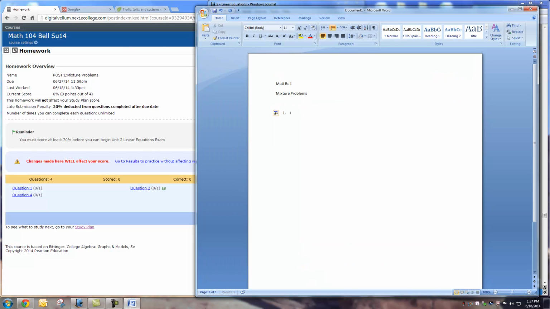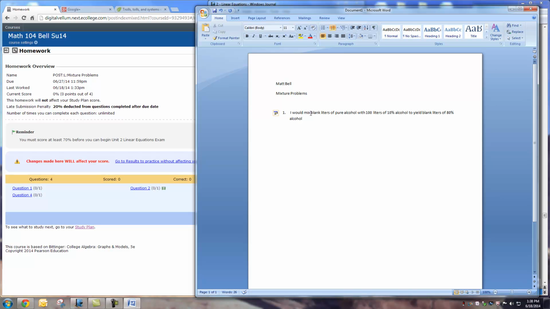I want you to put, I would mix blank liters of pure alcohol with 100 liters of 10% alcohol to yield blank liters of 80% alcohol.